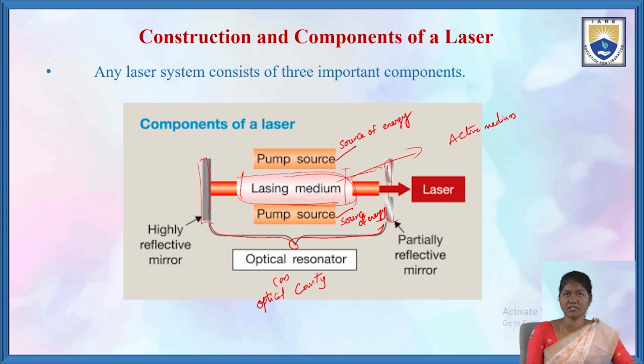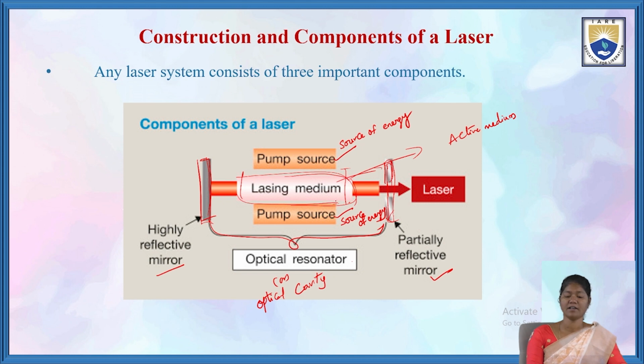This system consists of two reflective mirrors. This one is a highly reflective mirror, and this side is a partially reflective mirror. When the photons are emitted by the lasing action, they move back and forth between the reflecting and partially reflective mirrors, and they get multiplied.